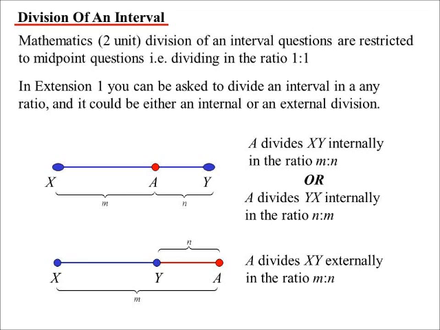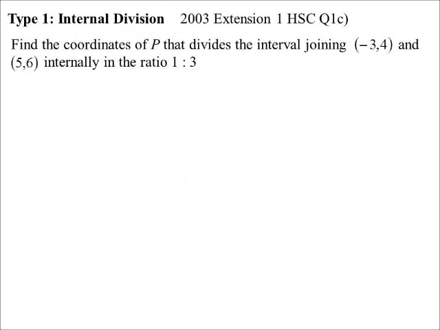So let's have a look at some different types of questions we could get on this. Look at all different past HSC questions. Here's one from 2003, where it simply says, find the point P that divides the interval in the ratio 1 to 3. Now, there is a formula for this. Don't ask me what it is, because I don't know.